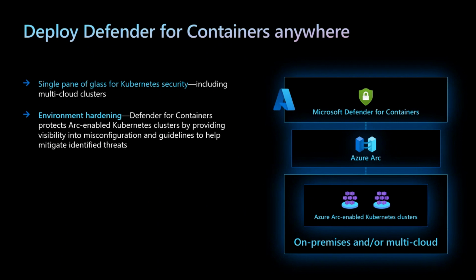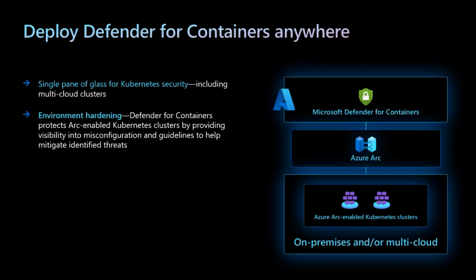It provides environment hardening. Defender for containers can protect your Kubernetes clusters, whether they're running on Azure Kubernetes Service, or on your on-premises or IaaS-based deployments, or on Amazon EKS and so on.